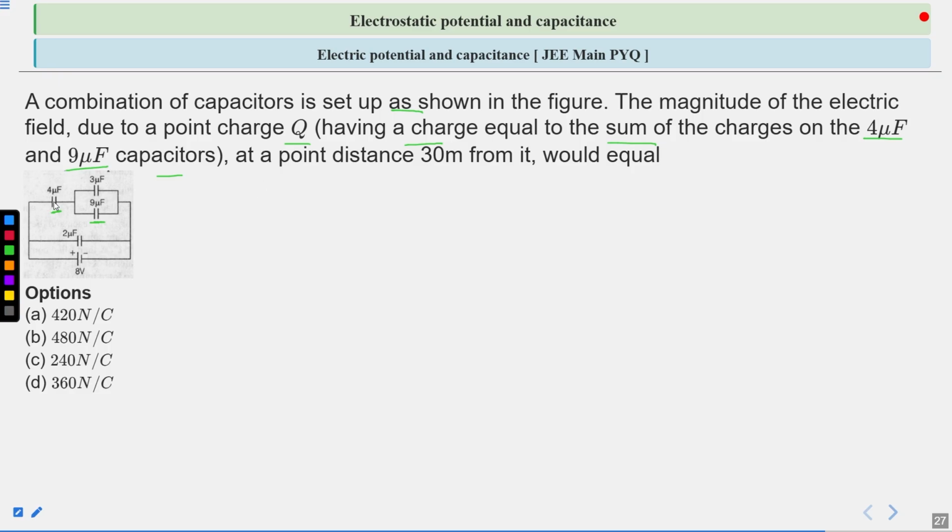Q is equal to the sum of the charges on the 9 microfarad and 4 microfarad capacitors, and we have to find the electric field due to this point charge at a distance of 30 meters from it. So why is this network shown if a point charge is given?